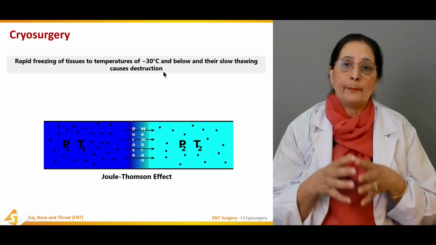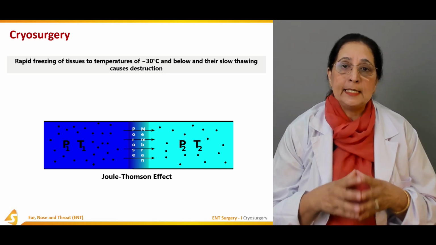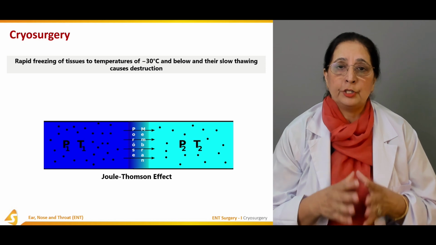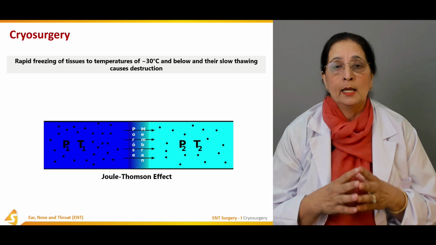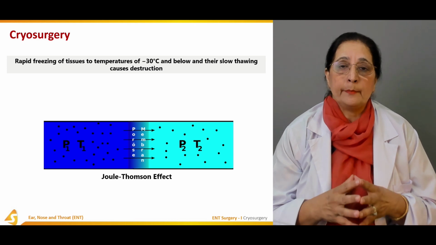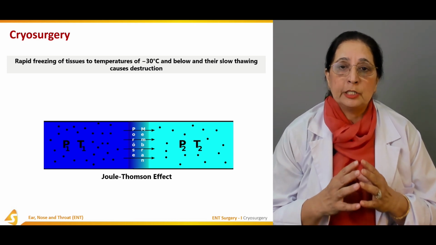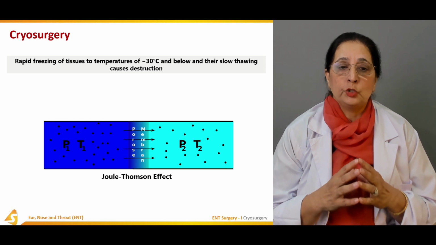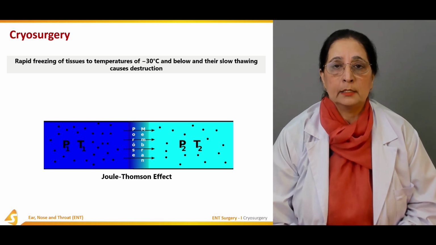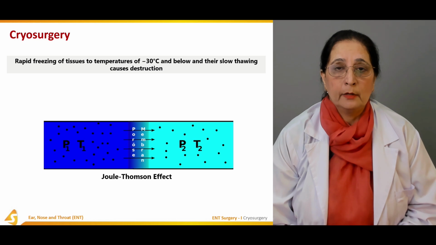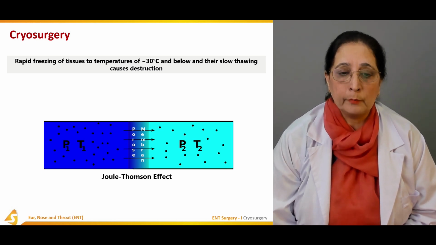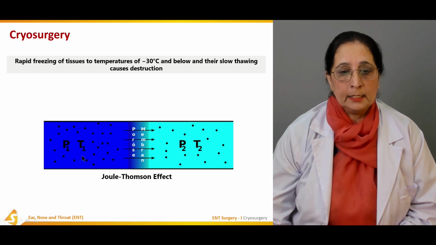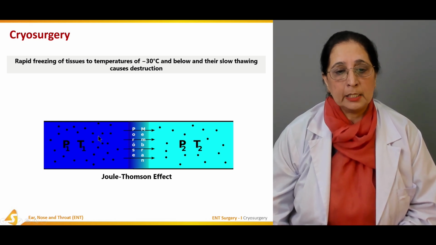So the application of freezing temperature as low as minus 30 degrees Celsius causes destruction of the tissues, and damage to the tissues which need to be destroyed or removed. This is the effect of the temperature.